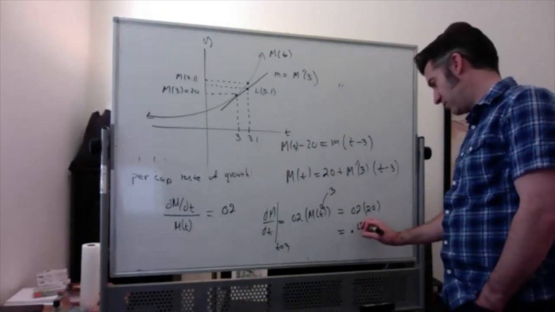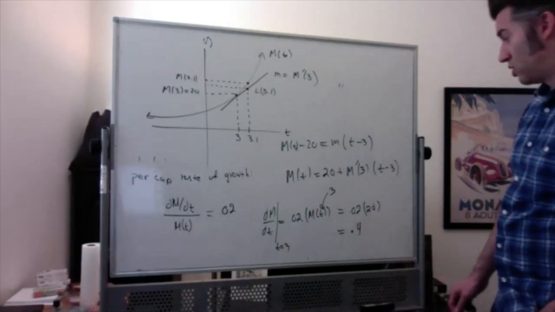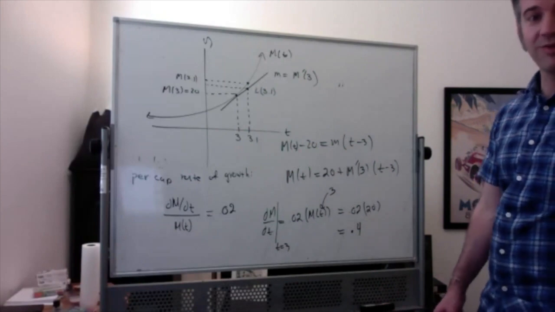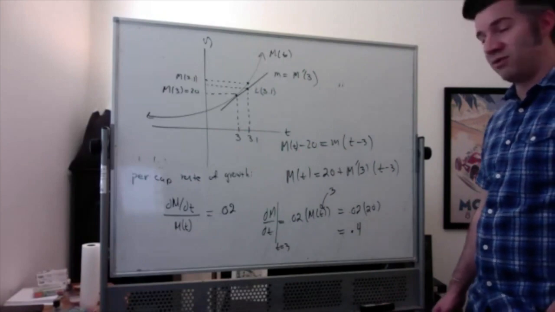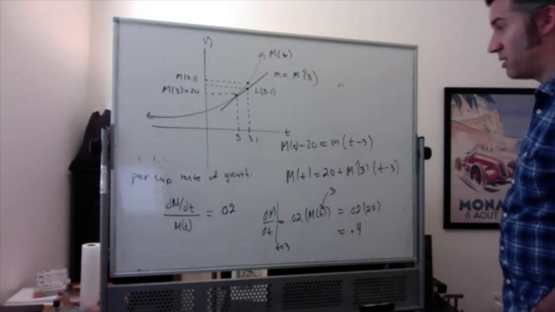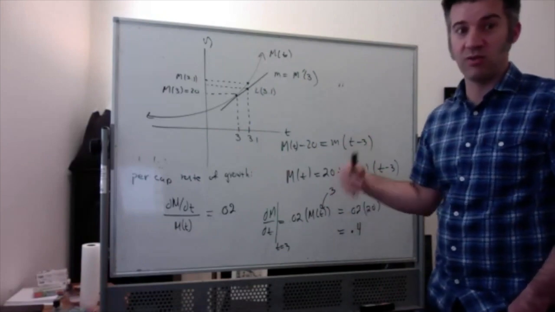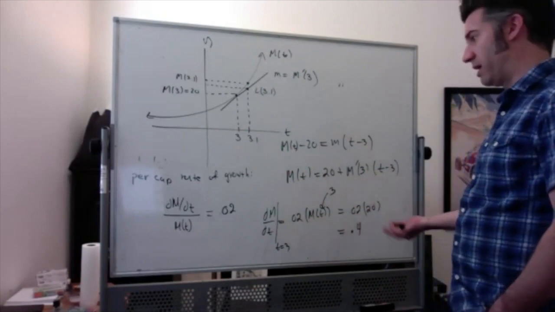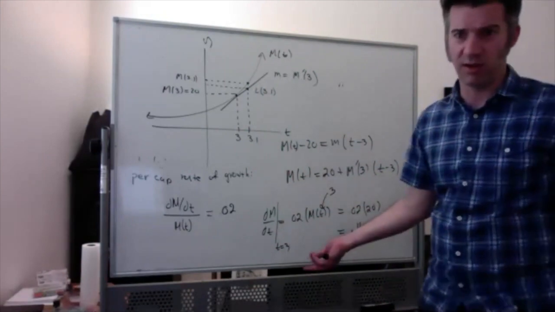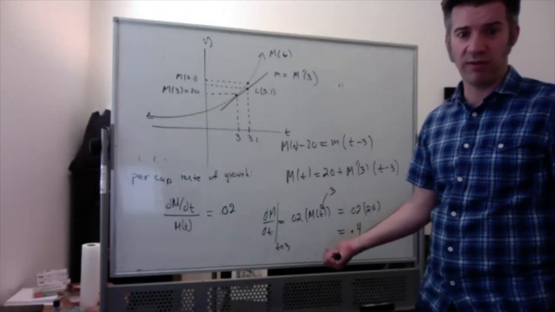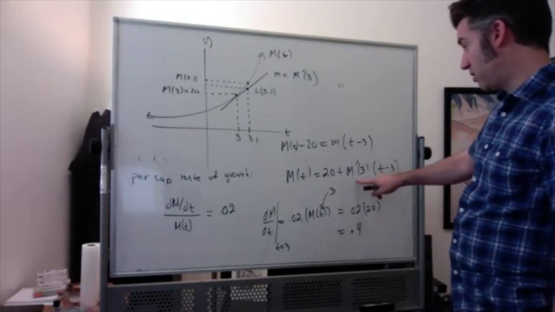Let's see, 2 times 20 is 40, 0.2 times 20 is 4, 0.02 times 20 is 0.4. So that means when there are 20 mice, the population is growing at 0.4 mice per unit of time they gave. So that's going to be our slope there.